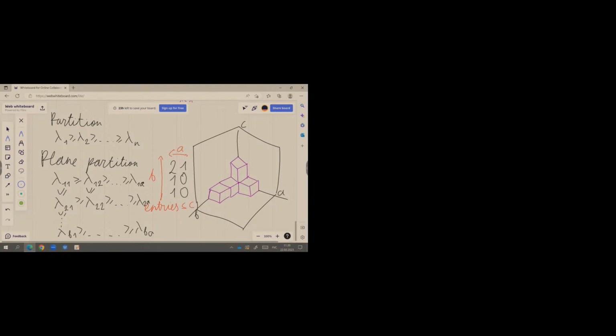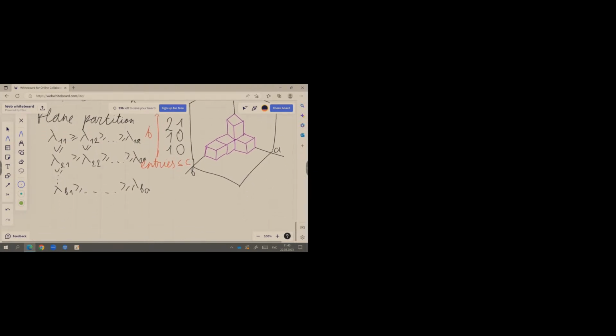Of course, these guys are very similar to Young tableaux. It's quite easy to establish a bijection between plane partitions and Young tableaux with the same shape and some slightly other bound on the entries.